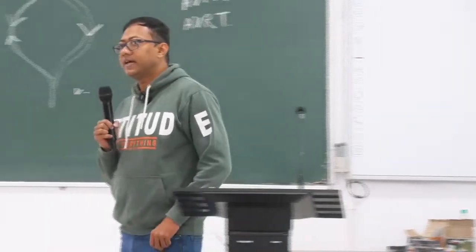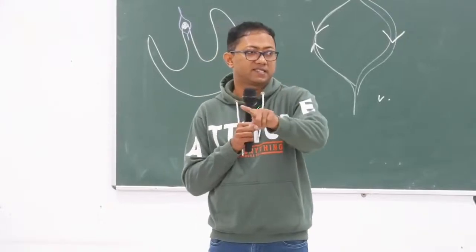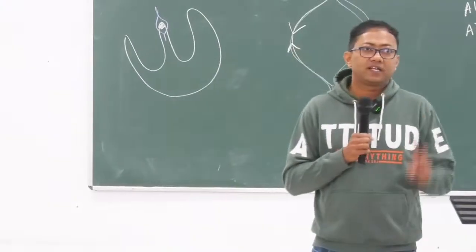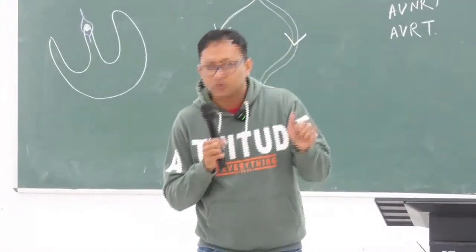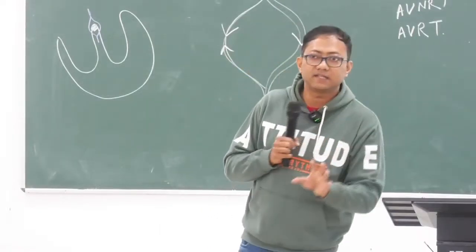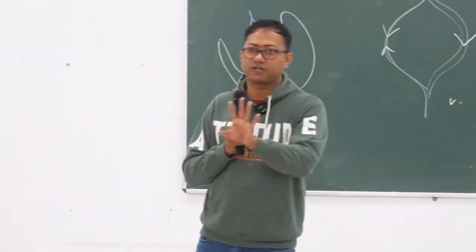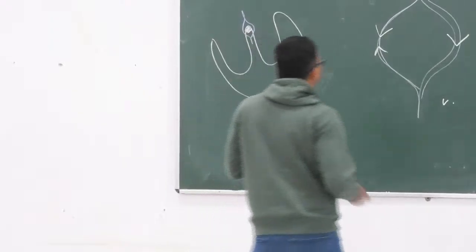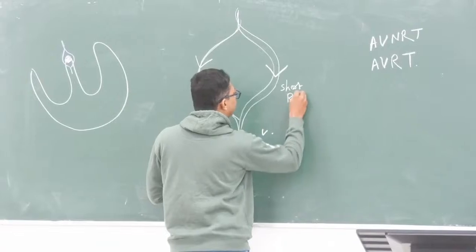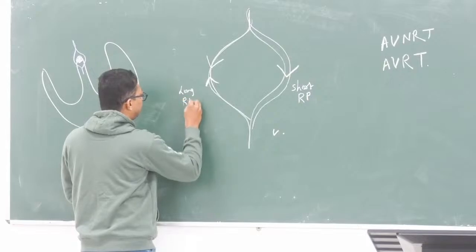So, you remember it in this way: slow is short refractory period, S for S, correct? The slow pathway has a short refractory period, and the fast pathway has a long refractory period.